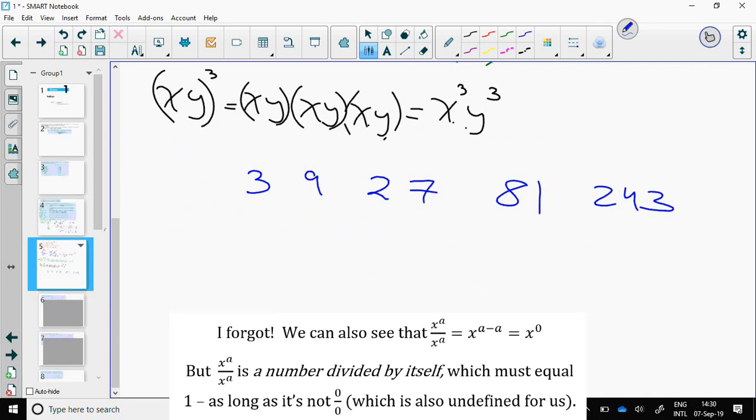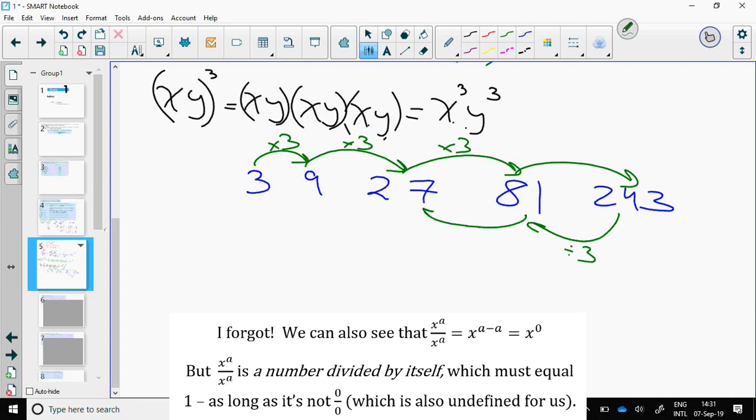Let's take 3's, for example. So usually we think about exponents as repeated multiplication. So 3 to the power of 1 is simply 3, and then 3 squared is 9, 3 cubed is 27, 3 to the fourth is 81, and so on. So as I'm moving along to the right, I'm always multiplying by 3. But if we reverse this process and move to the left, then we're dividing by 3 every time.